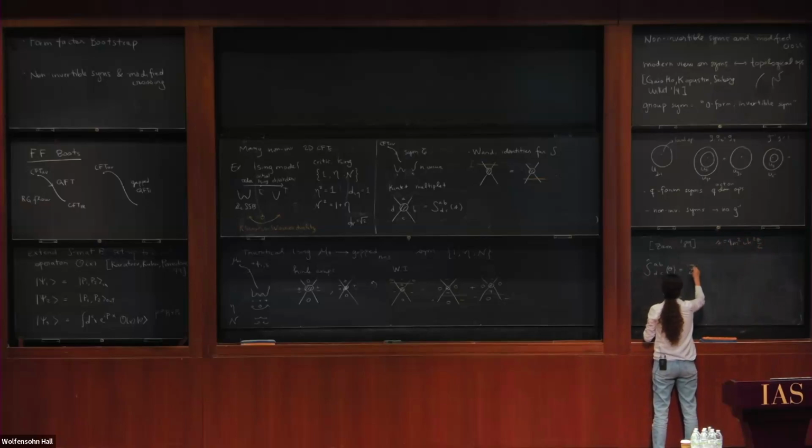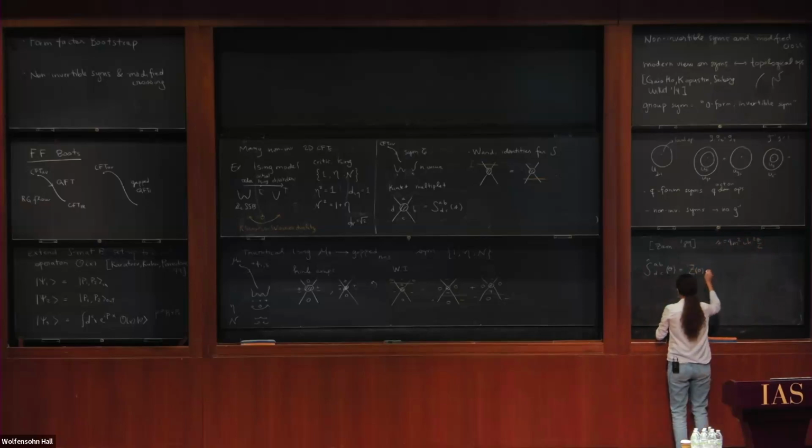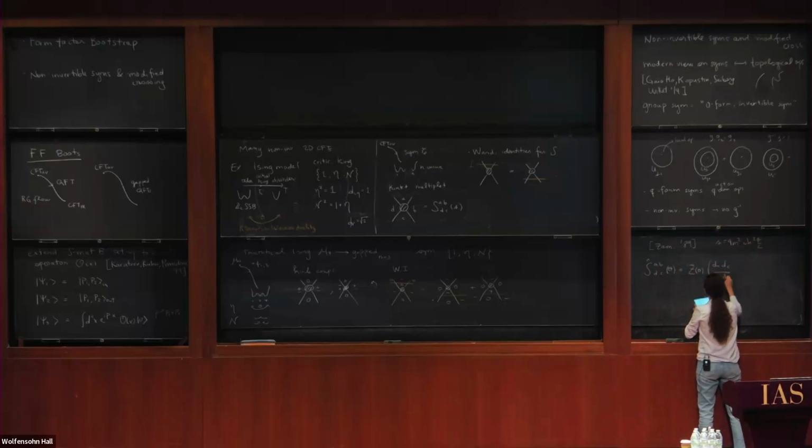There's some overall function that takes care of unitarity, some numbers, which is what you get from Yang-Baxter, but actually will be the quantum dimensions of these lines. And then two terms, again with these d coefficients.